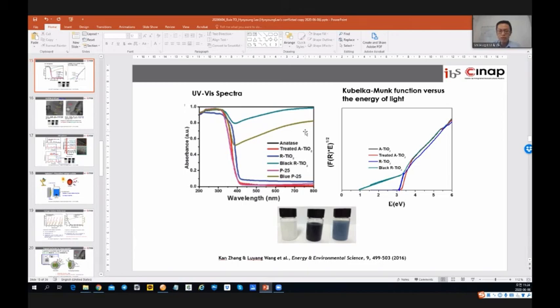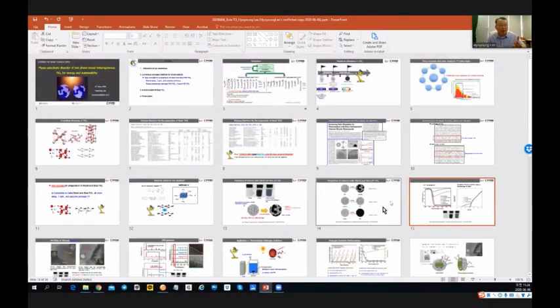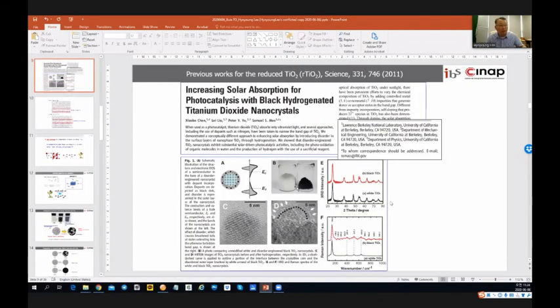So will this transform a lot of energy into heat? So that's the first question. Okay, so actually that is true. People are looking for black TiO2, like this.